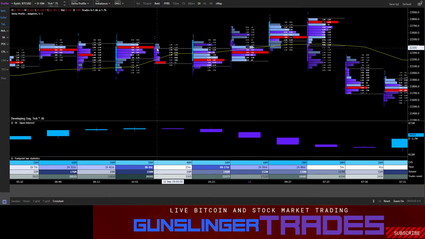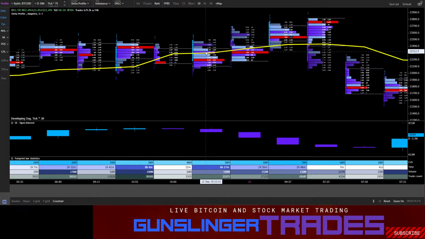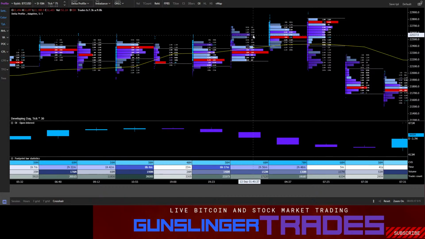Coming up into this, you could see the majority of delta is at the top of the candle here. Majority selling delta. Here, this was a neutral kind of candle. Here you could see much more selling in the top of the candle and in the valley area or body of the candle.